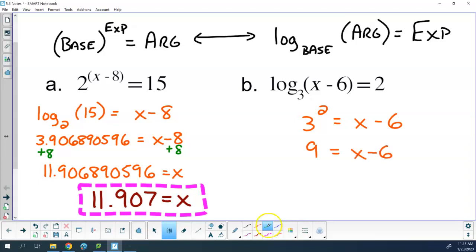Add 6 to both sides. 15 is x. 15 minus 6 is 9. Log base 3 of 9. What exponent do I need to put on 3 to get 9? That's 2. 2 is equal to 2. Checks out.